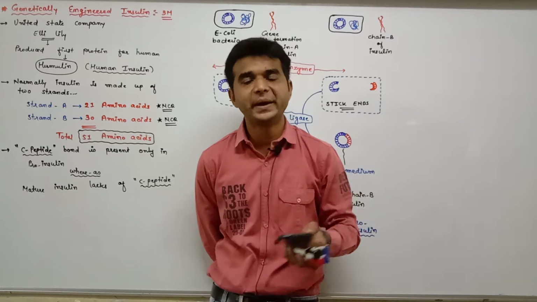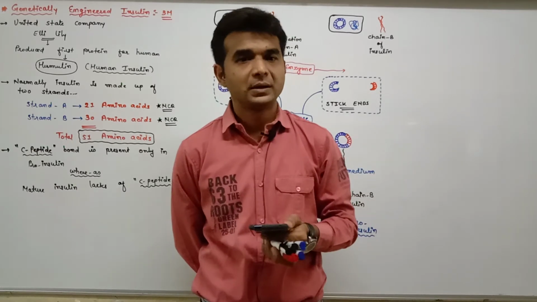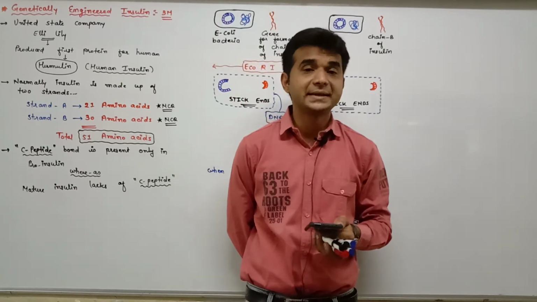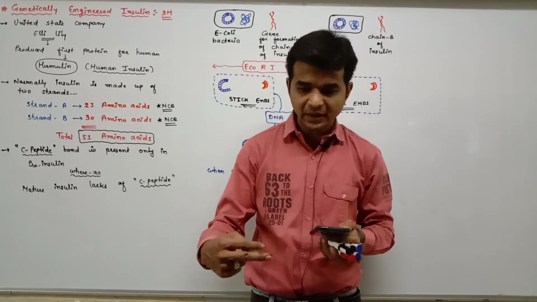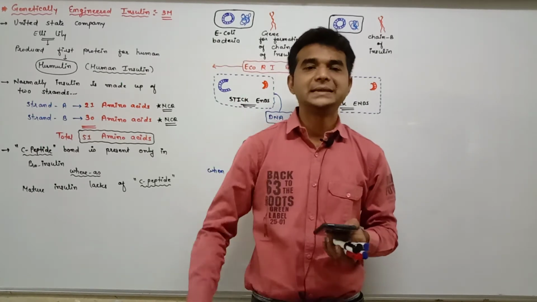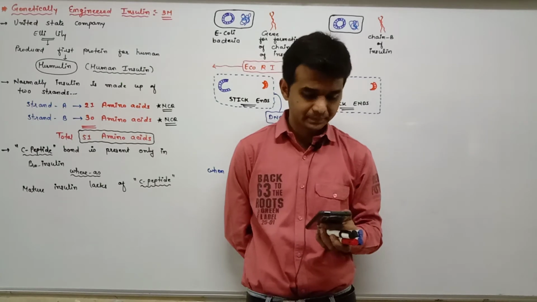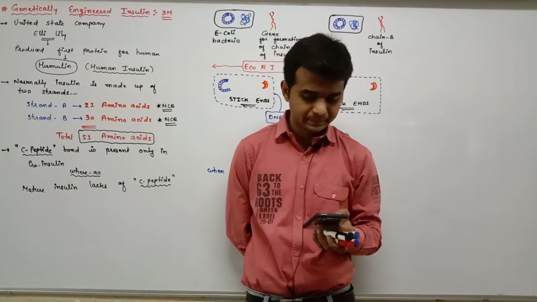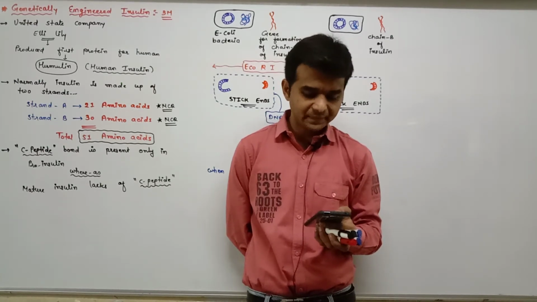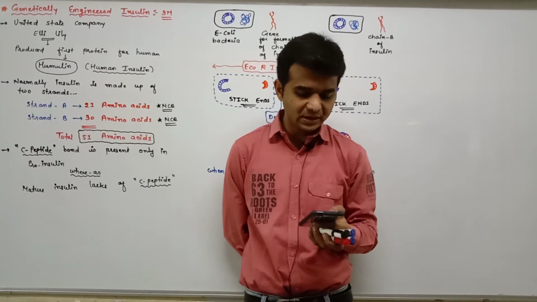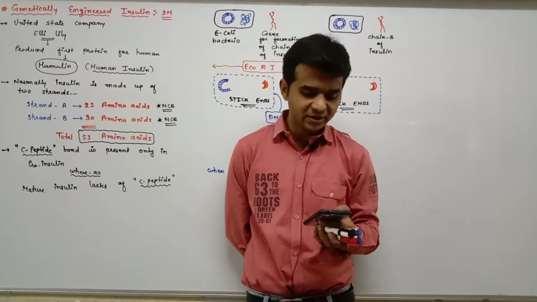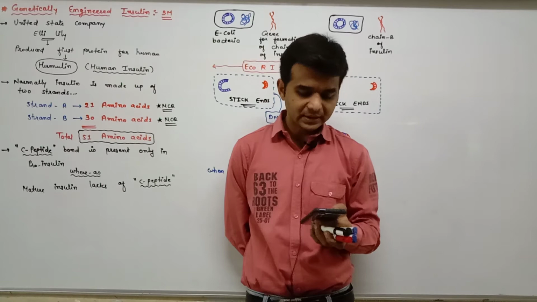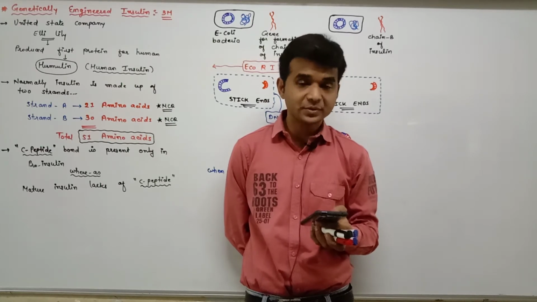It produces so many side effects. And the second question's answer is yes. Our immunity rejects it. Now imagine if a bacterium were available that could make human insulin. Suddenly the whole process becomes so simple.